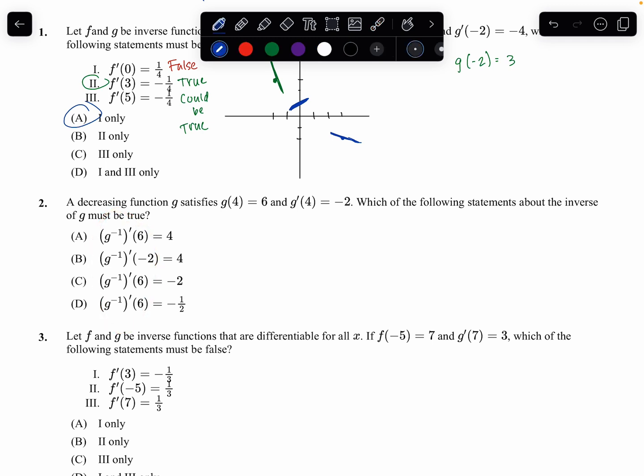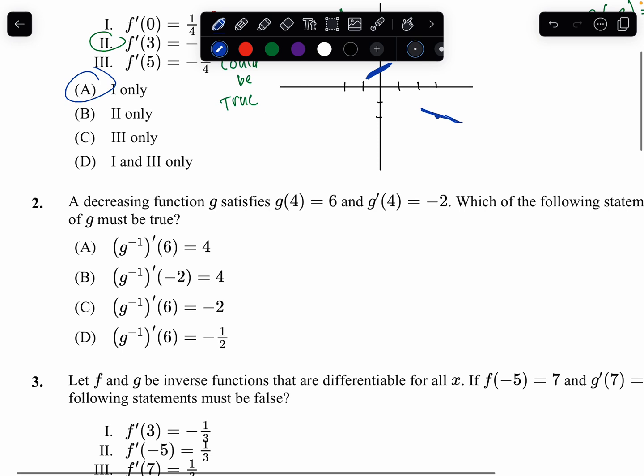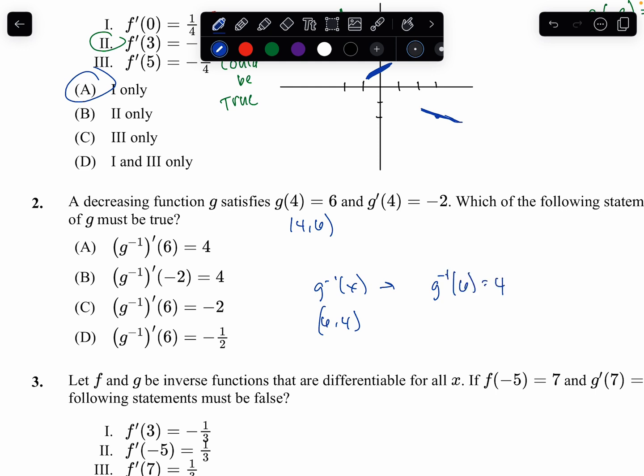So again, if g has the point 4, 6, then g inverse of x is going to have the point 6, 4. So I can say g inverse of 6, not prime, has to be equal to 4.